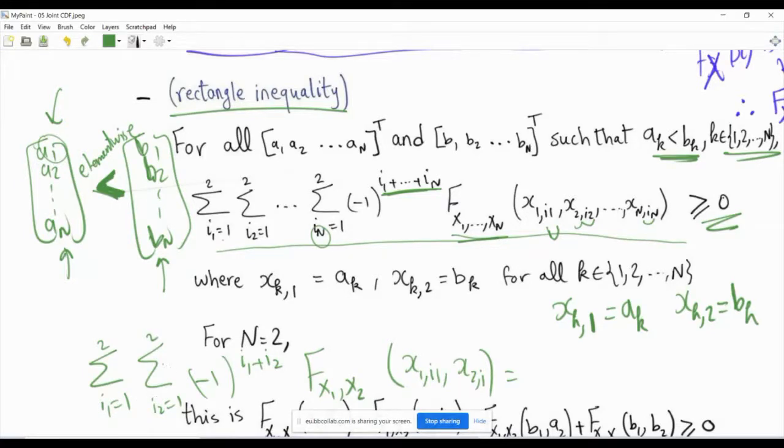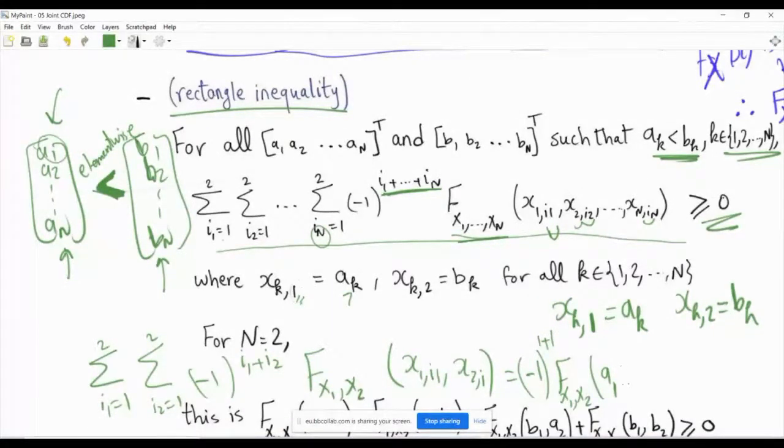First go. If both indices are equal to 1, we'll have -1 to the power 1 plus 1. And then we have f of x1, comma x2, and then x1,1. Again, if this is 1, we are talking about a1. x2,1 also, because both indices now are equal to 1.